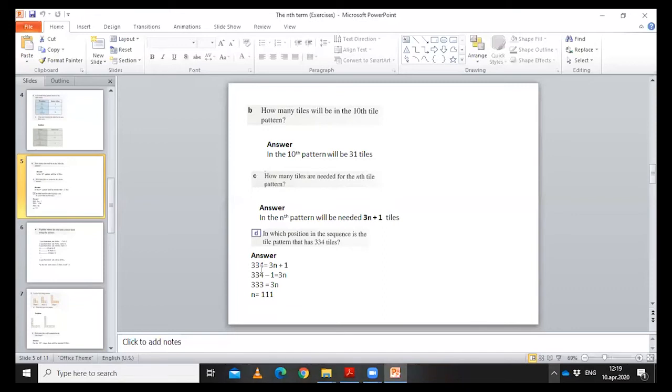We solve this like a simple equation following the main steps, passing 1 from the right to the left-hand side, changing the sign, obtaining 3n on the right-hand side. 333 equals 3n, implying that n equals 111. 111 will be the position which will have 334 tiles.